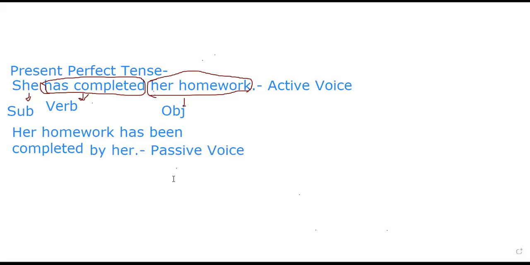Okay. So she became passive in passive voice. She was active in active voice. Her homework has become active. So in present perfect tense, what do we do? We use has, have been plus verb's third form.